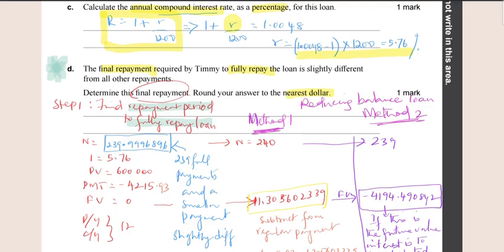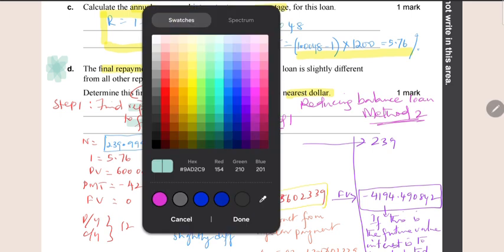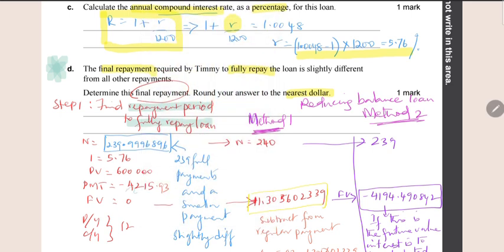What you have to remember is the PV here is plus, because he's got a loan, money has come to him. The payments that he is making should be minus, the future value should be 0, and PY CY, it's a monthly transaction, should be 12, and we calculate N to be 239 point all these decimal places.